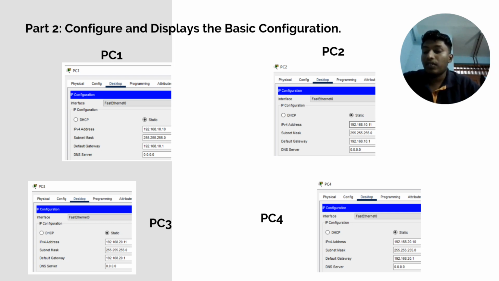And for PC4, we set the IP address to 192.168.20.10. The subnet mask is 255.255.255.0 and the default gateway is 192.168.20.1.